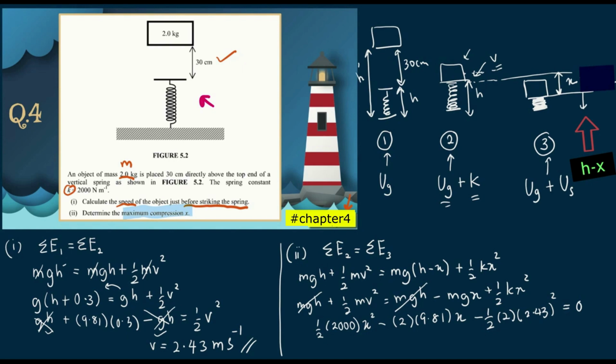So you realize that our equation is now a quadratic equation. Okay, and you can press your calculator, then you can have x is equal to, your answer supposed to be 8.7 times 10 to minus 2 meter.